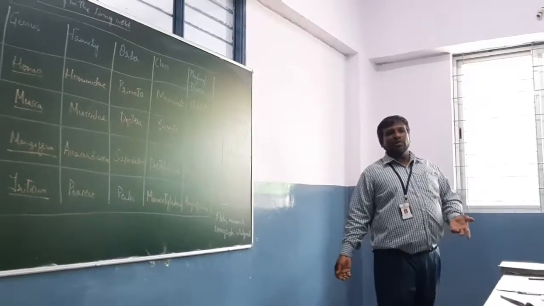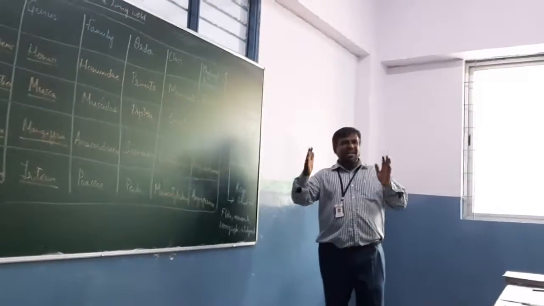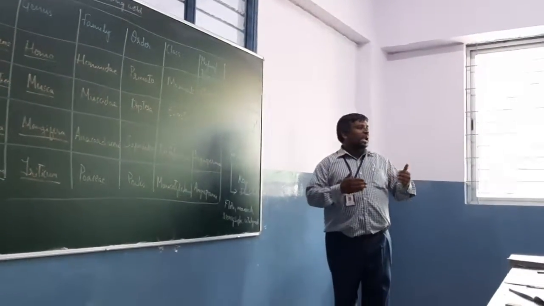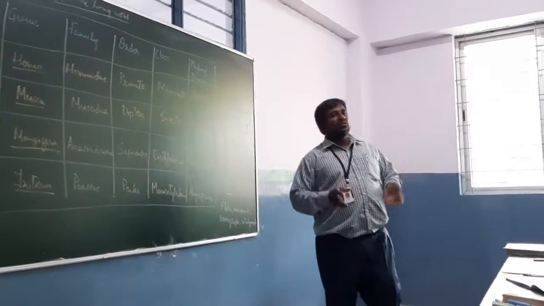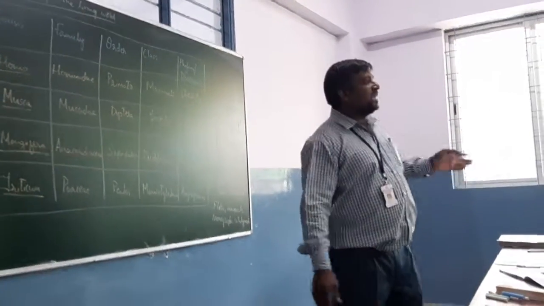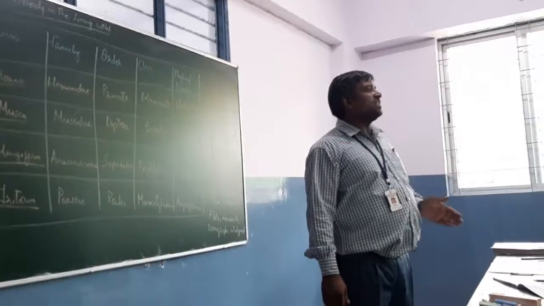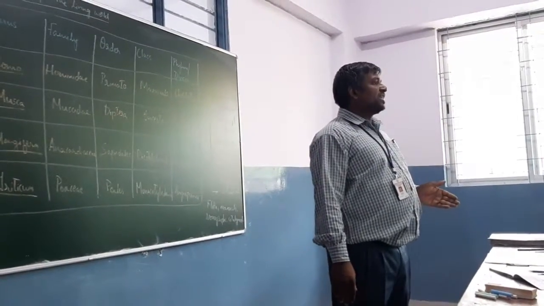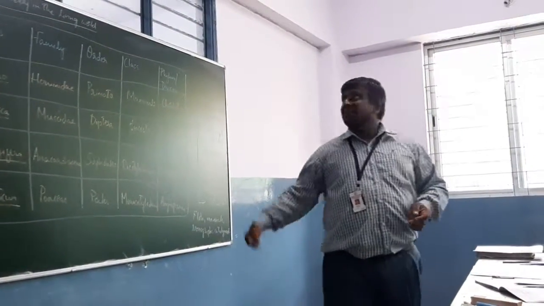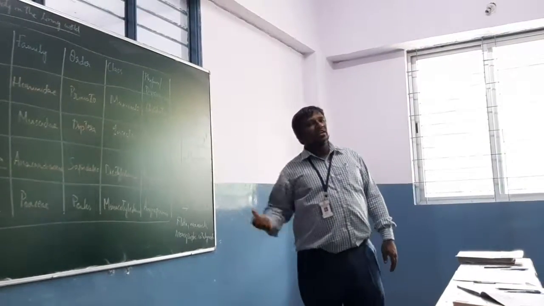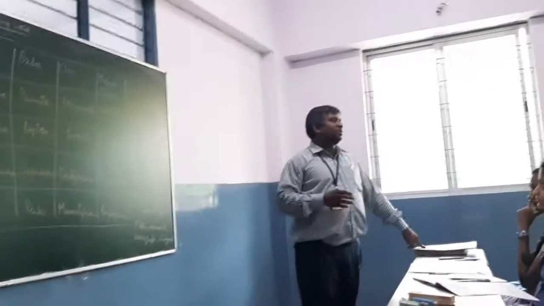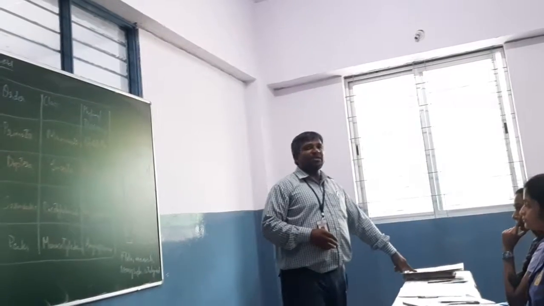A monograph. Catalogs are all classified according to categories. These are all the taxonomical aids which help us in studying the diversity of living organisms in the living world. This is what you have to remember about taxonomic aids.